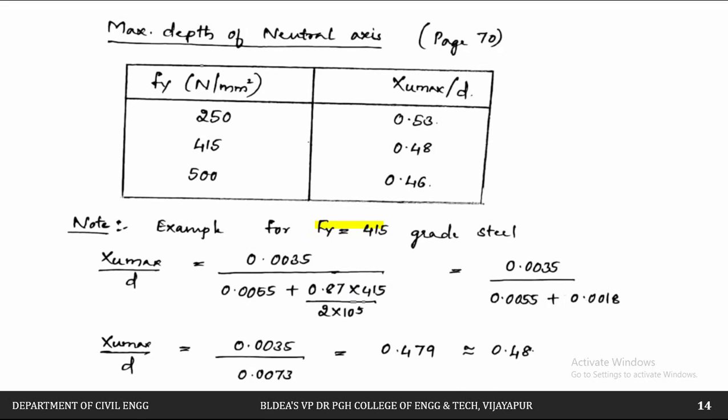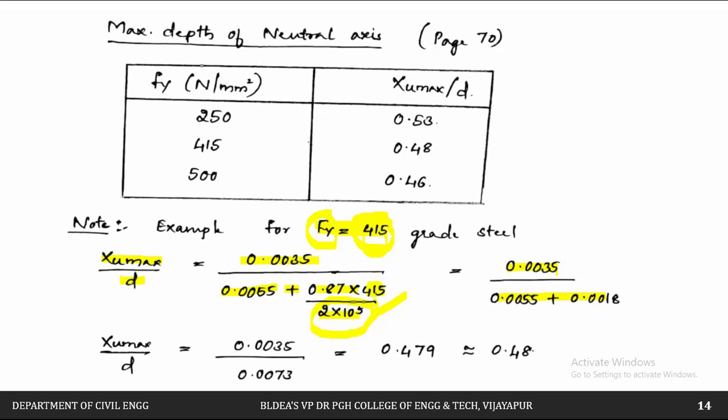So you can see here, now we will take one example. We will take steel of grade Fe415, that is yield stress is equal to 415. So in the previous formula, if we substitute, xu max divided by d is equal to 0.0035 divided by 0.002 plus 0.87 f of y, where f of y is 415, divided by Es, that is 2 into 10 raised to 5.